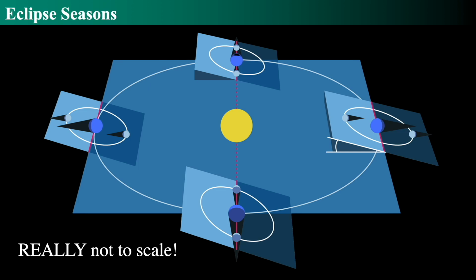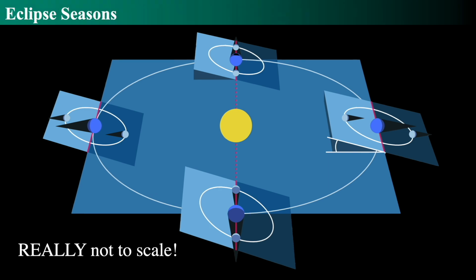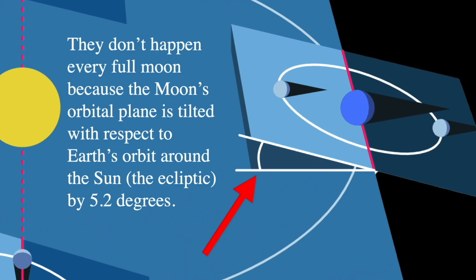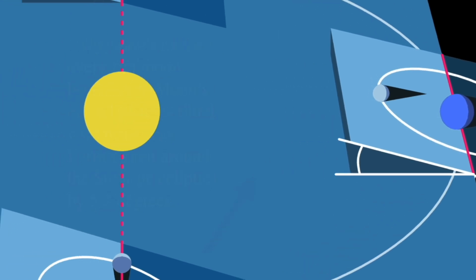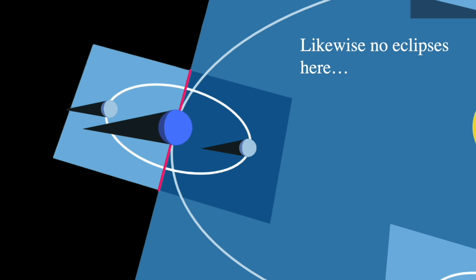Total solar eclipses can only occur if the sun, moon, and Earth are in a direct line. Because of that tilt, sometimes the moon is above the plane of the Earth's orbit, and you're not going to get an eclipse there.